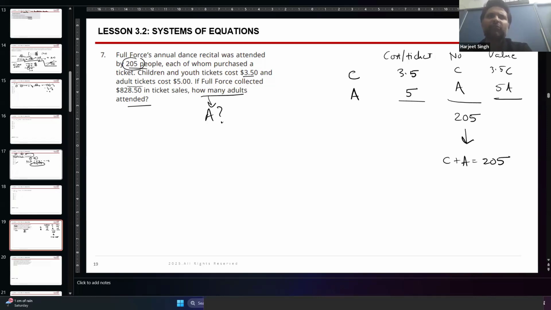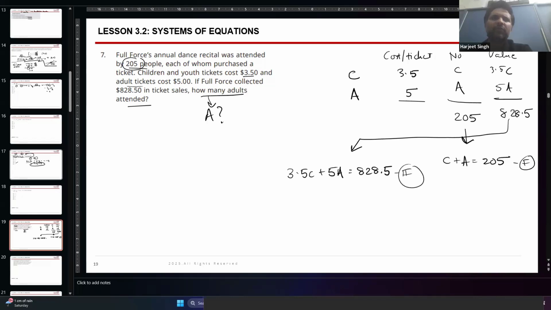So the sum of these two should be equal to 828.5. So that's our next equation: 3.5C plus 5A equal to 828.5. This is equation 1, equation 2.